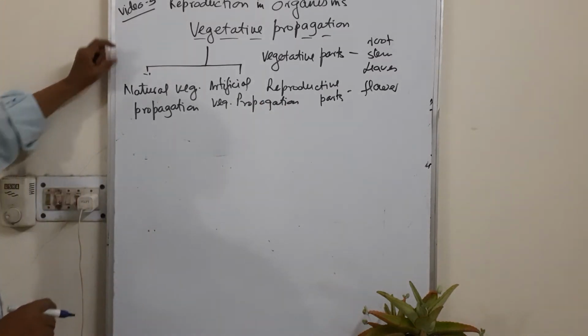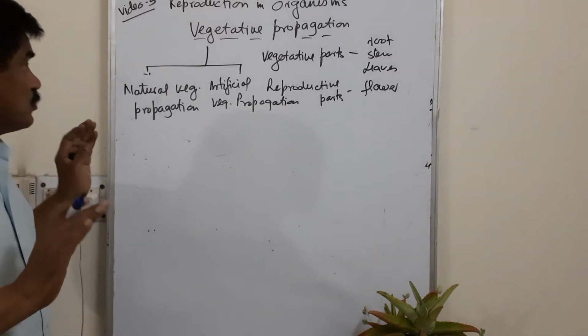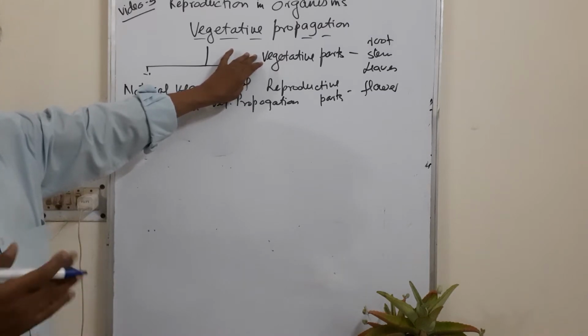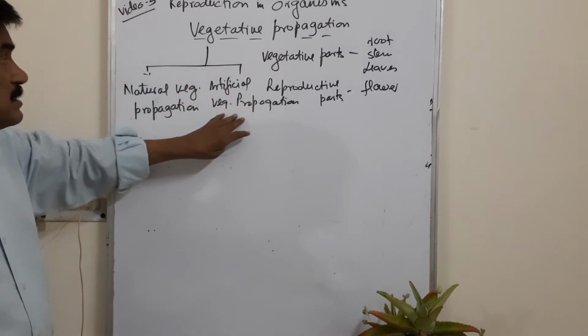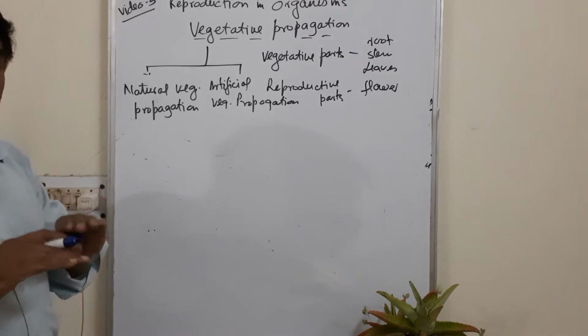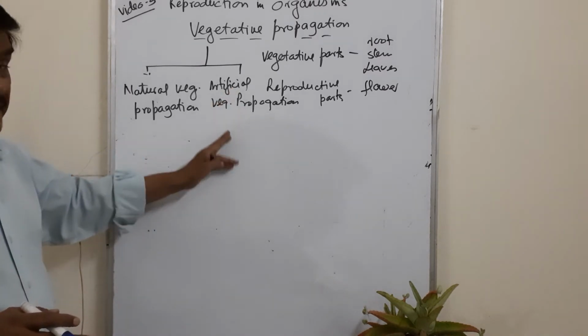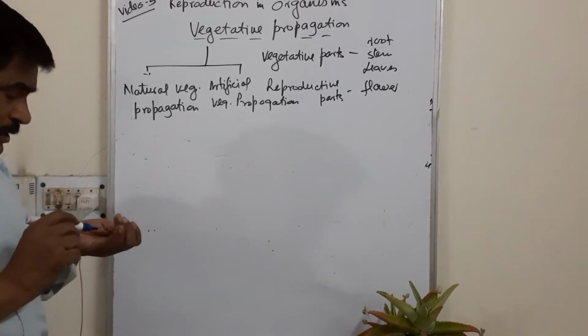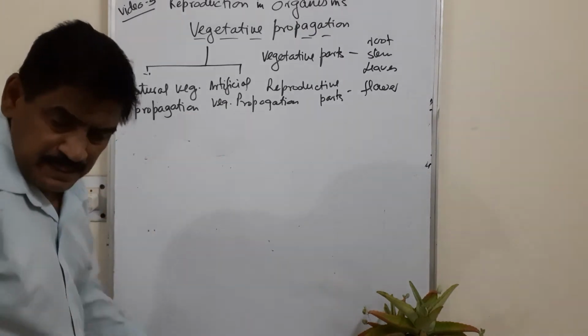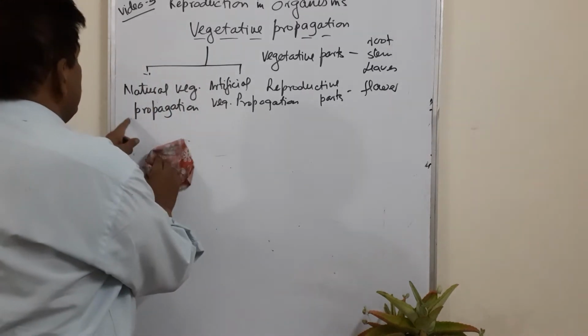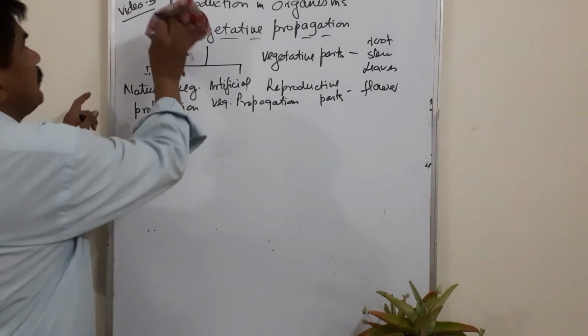So natural means what? When naturally the vegetative part of any plant produces a new plant. Artificial means when human beings use different methods for vegetative propagation. So now we go to natural vegetative propagation.